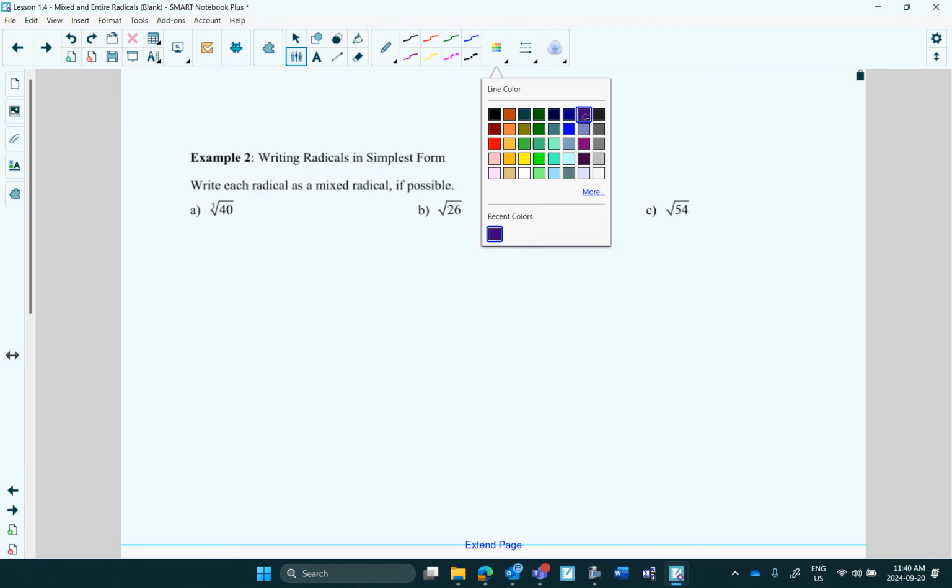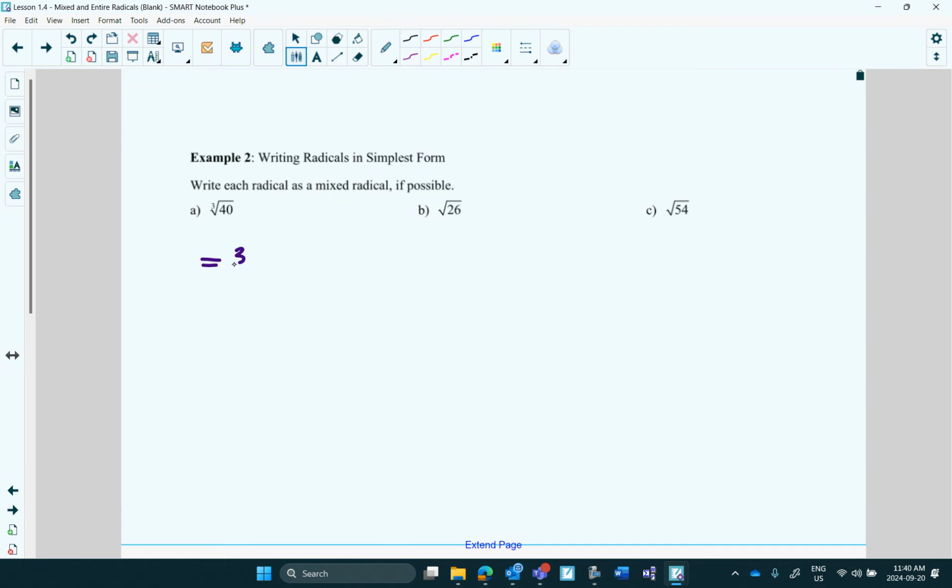So when I look at this one, I'm thinking, okay, first of all, I'm going to break it up. And the first number underneath the cube root has to be the highest perfect cube that goes into 40. So you're on your perfect cube list. Which one divides evenly into 40?